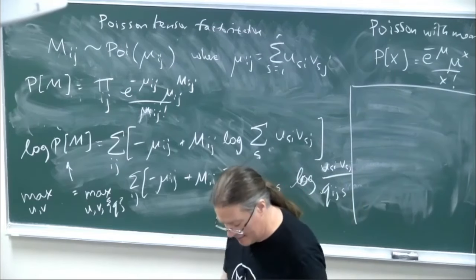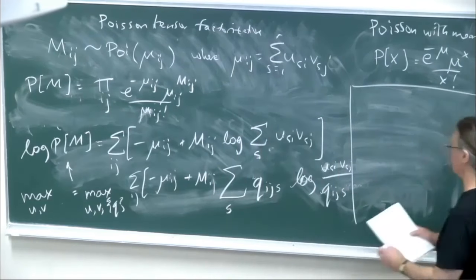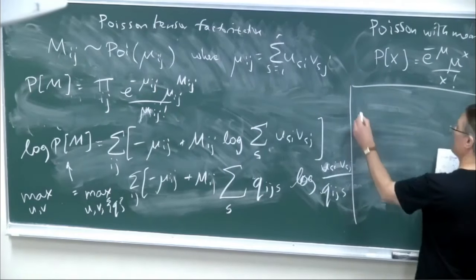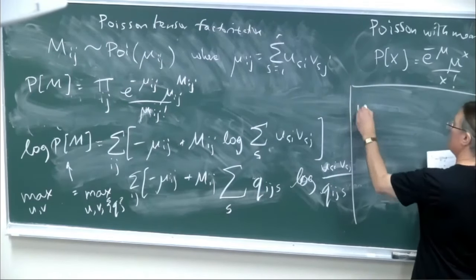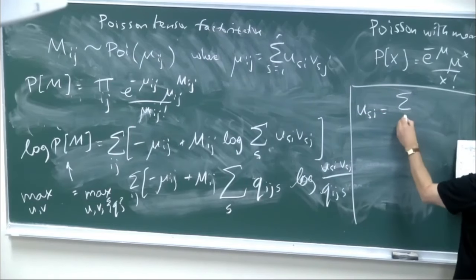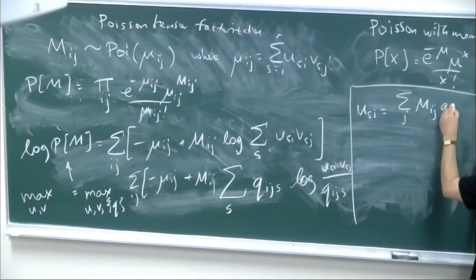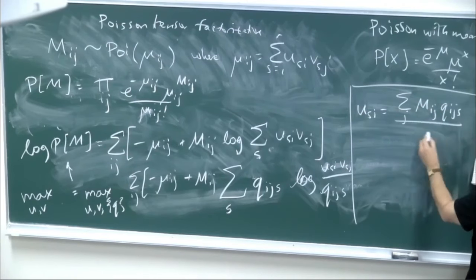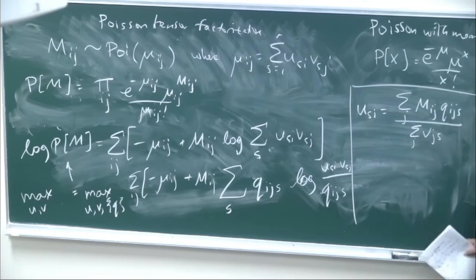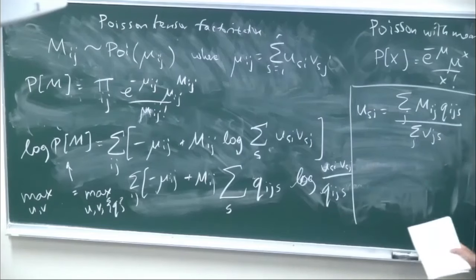So I will not actually take those derivatives for you because I'm out of time, but we get things like this: u_si equals the sum over j of our data, M_ij, times q_ijs over this. You notice there's a symmetry here between u and v.